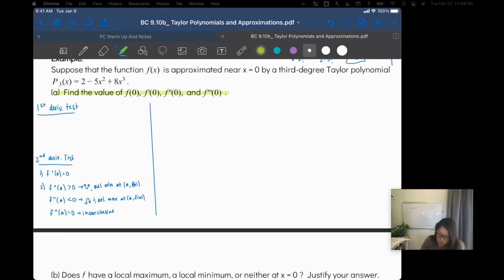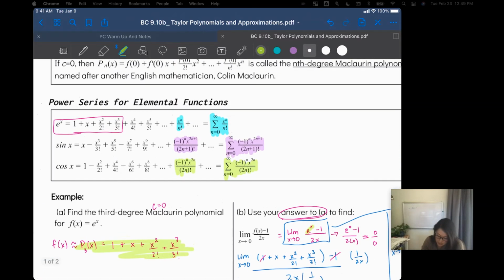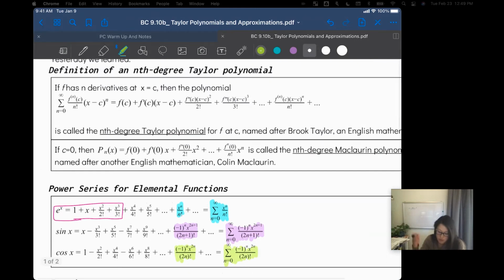So remember that the polynomial is always set up the same way. The first term is just f of c, the value you're centered around. The second term is f prime of c times x minus c. The third is f double prime of c, so on and so forth.